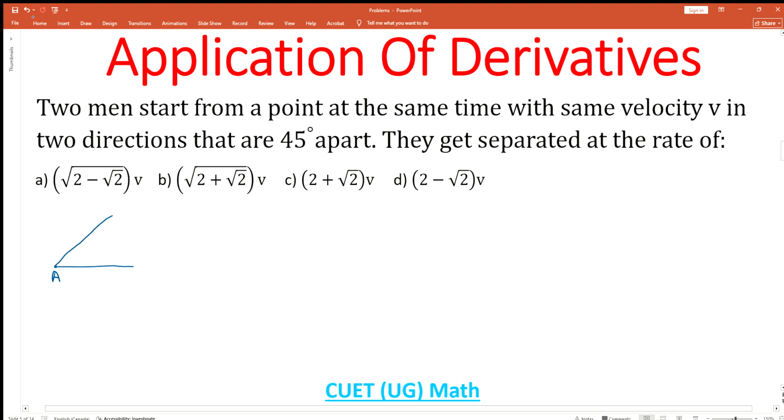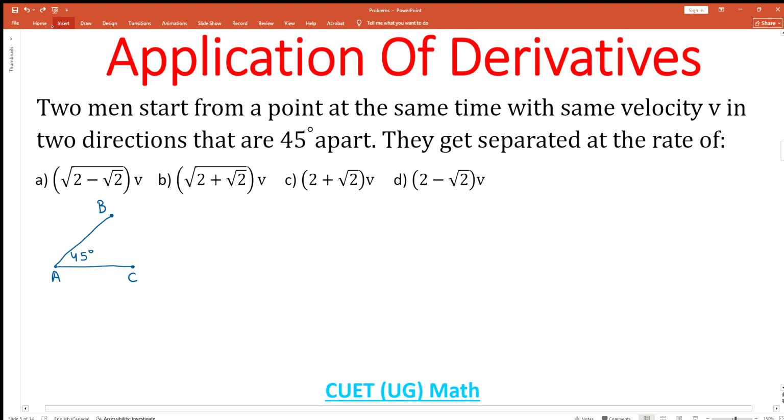Let's assume after time t, one of them reaches point B, and after time t, the other man reaches point C. The angle between these two directions is 45 degrees.